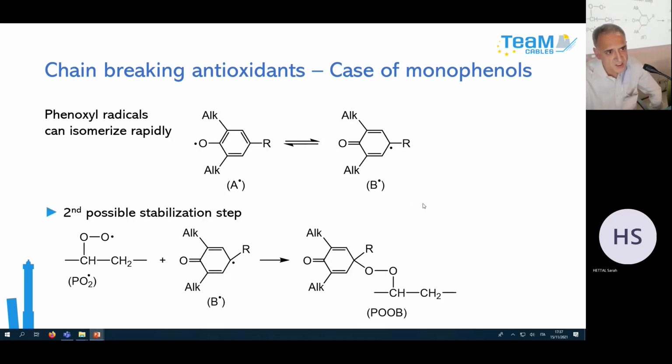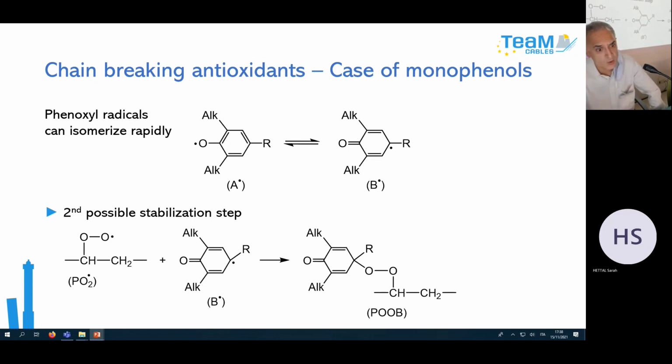The particularity of this phenoxy radical is to give resonance with another radical, so it can isomerize rapidly into another radical, named here B point. And in the literature, it was shown that this radical is not so reactive. It cannot initiate oxidation reactions.